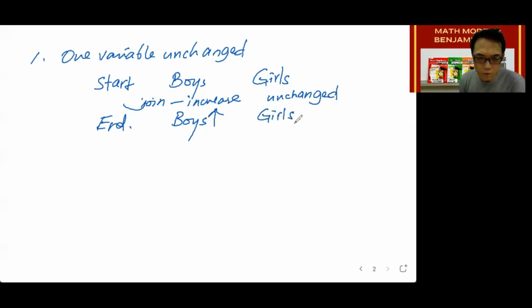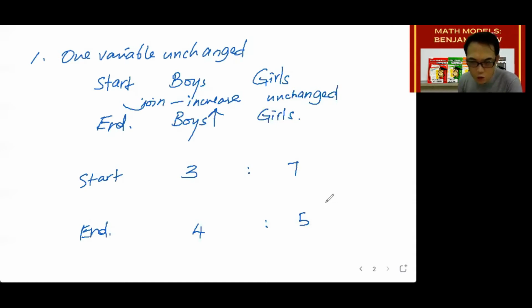In this situation, what you want to do is to make the ratio of the girls equal. So for example, if I tell you that the ratio of the boys to the girls was 3:7, and this is the start, and I tell you that in the end, the ratio is 4:5, then in this situation, because the number of girls remain unchanged, then these 2 numbers should be the same.